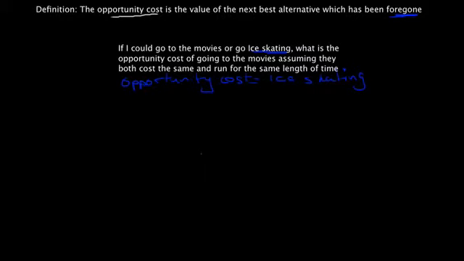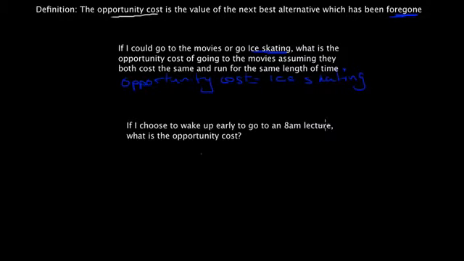Our next example is just as easy. So if I could choose to wake up early or go to an 8 a.m. lecture, what is the opportunity cost of, say, waking up early and going to the 8 a.m. lecture? Okay, so my opportunity cost is going to be what I forego for waking up early.